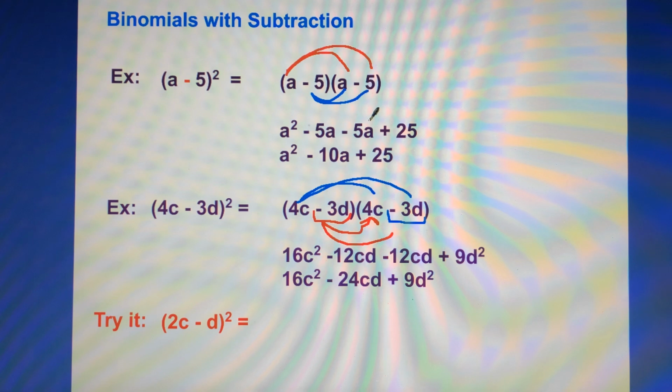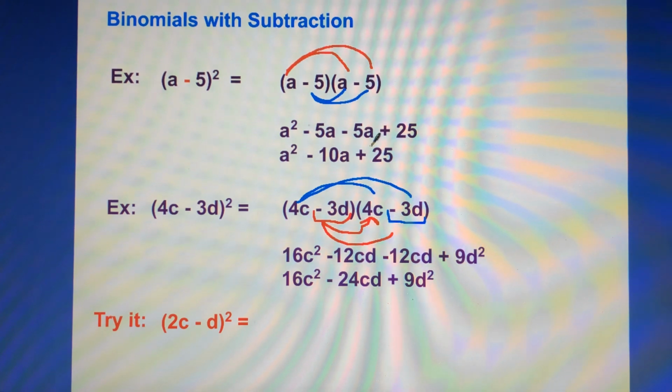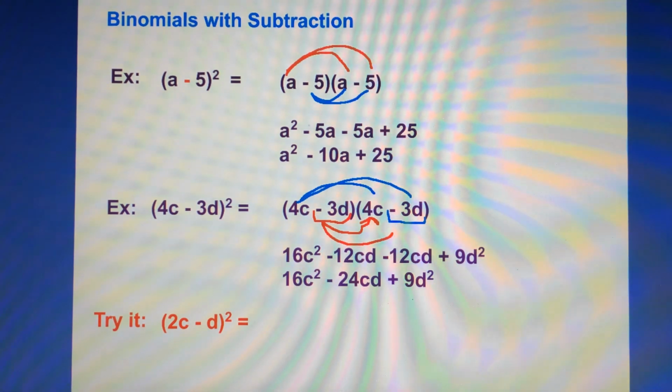Notice as we go along, the same thing that happened with the addition. We see a bit of a pattern on the two center values. I have one for you to try. So again, pause the screen. I suggest you use the double distributive property, otherwise known as FOIL, and go ahead and try to solve 2c minus d squared.